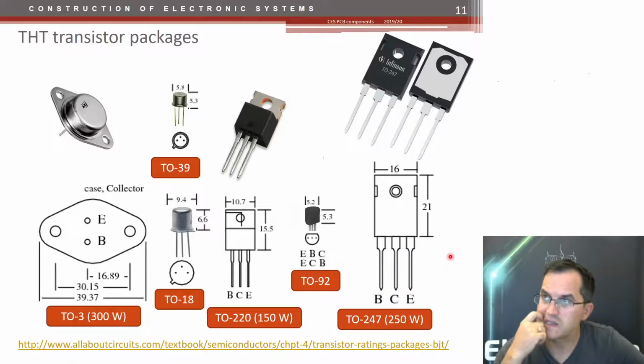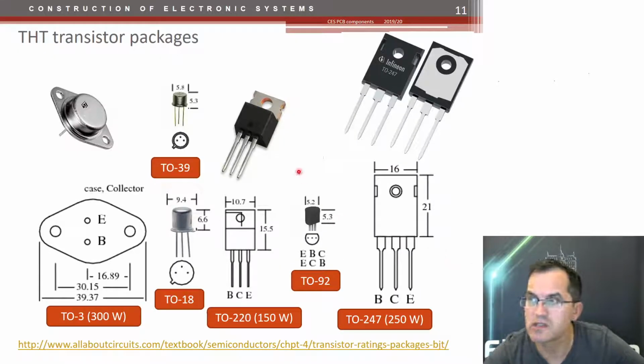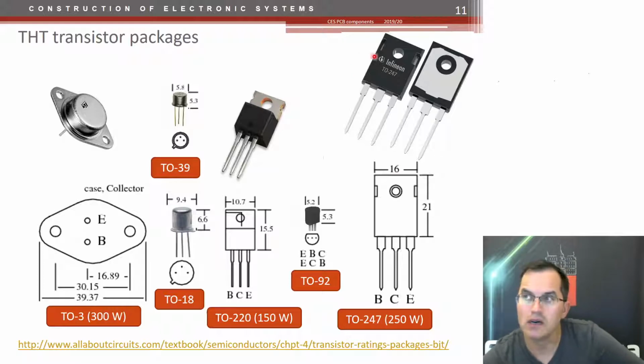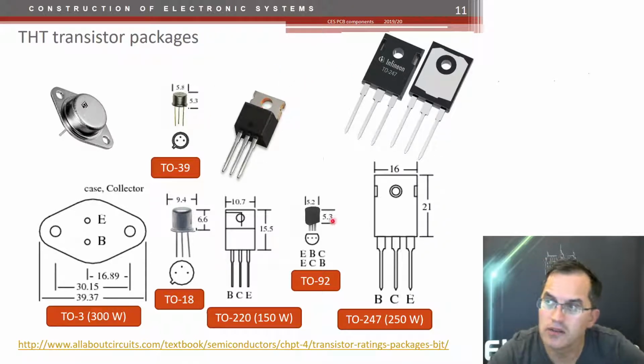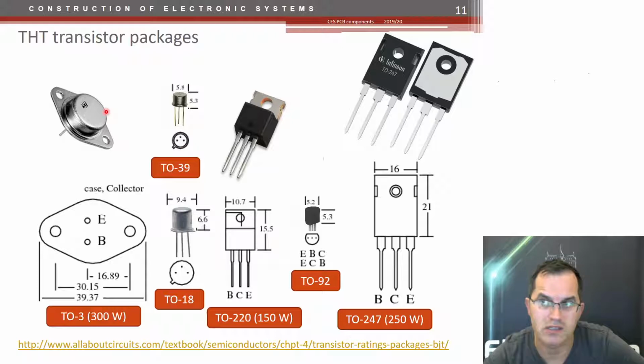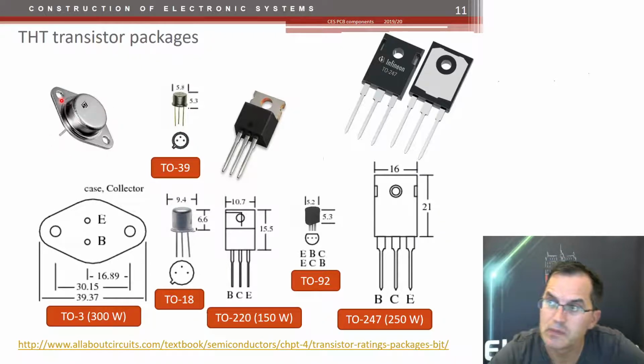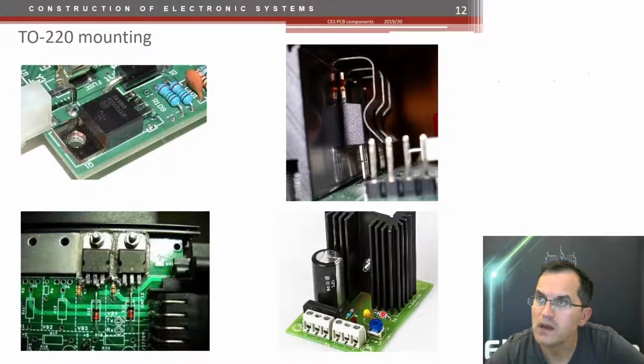Through-hole packages are for transistors, mostly used, I would say, the TO-220 and TO-247 are still available. The small ones are now more or less obsolete, and TO-3 for high power transistors as well. So that one and that one. They are mounted on heatsinks or directly to the PCB.